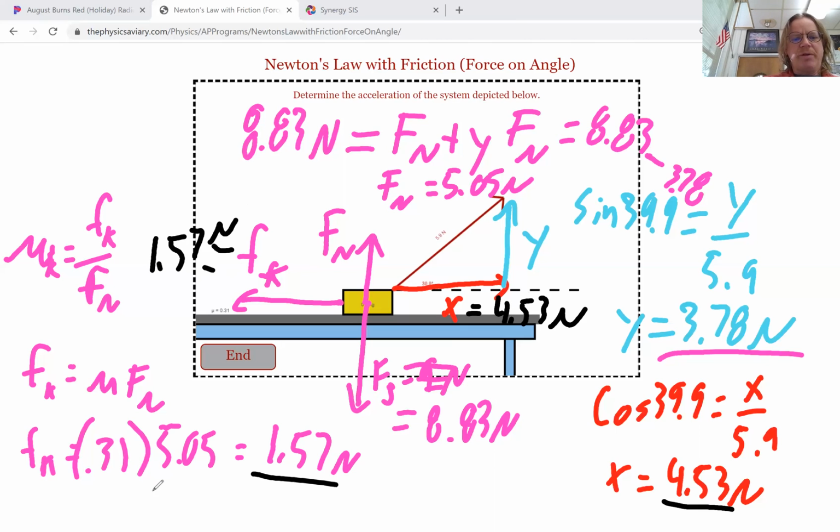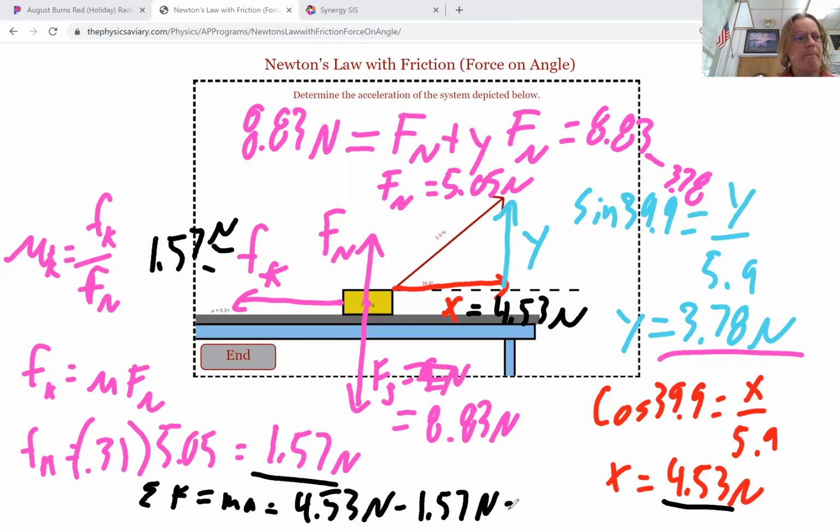I just need to know my difference in forces here. So if I want to sum up all my forces, which is mass times the acceleration, the mass of the thing was 0.9, so I'll get to that in a moment. The sum of all forces is the 4.53 forwards minus the 1.57 Newtons backwards, which is 2.96.